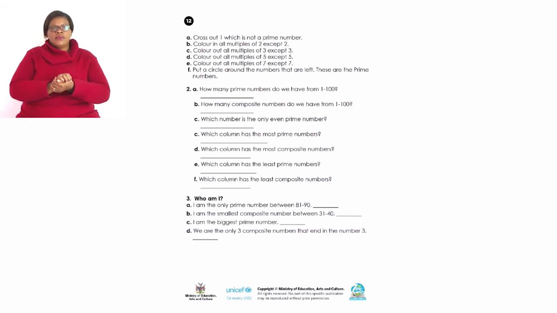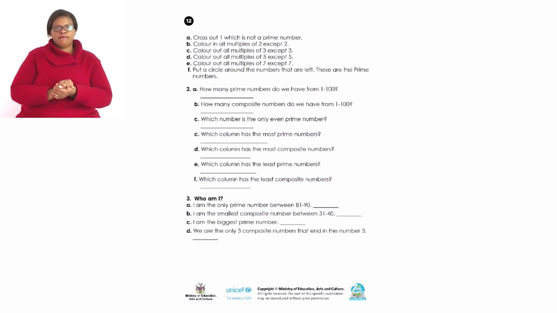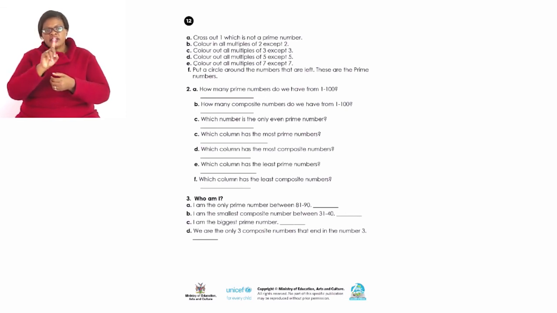2B says, how many composite numbers do we have from 1 to 100? And then 2C asks, which number is the only even prime number?